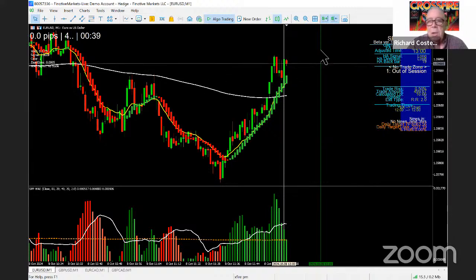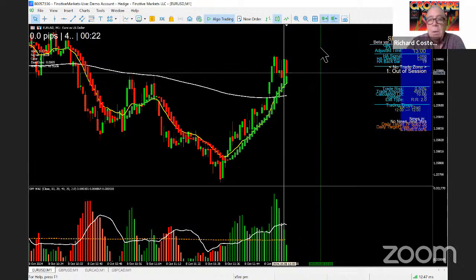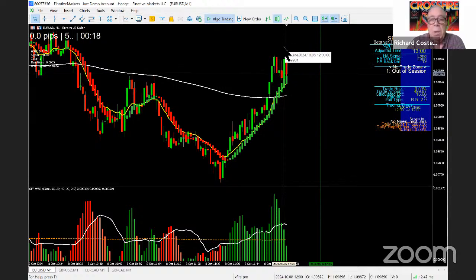So this green line indicates quarter past 1. If you hover, it says 12:15 on my screen, because my broker today is 1 hour behind the UK. So where you see 12, just read it as 1, and 12:15 is 1:15.